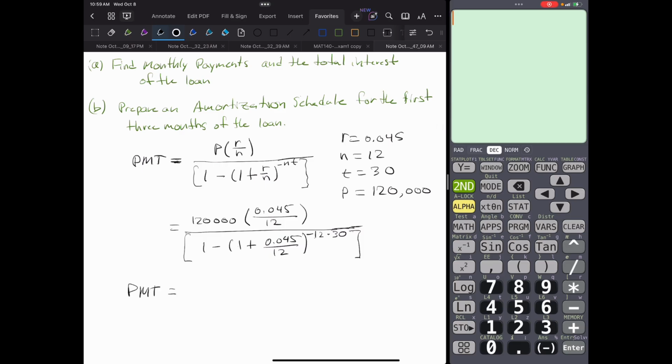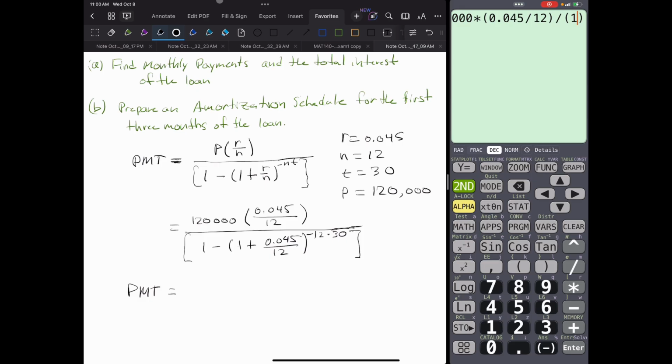All right, so when I turn on my calculator, I type in 120,000. I'm going to multiply that by 0.045 divided by 12. Take my cursor to the right one so that I can divide that whole thing. Now I open the parentheses, the brackets, to tell it to keep this entire thing in the denominator. Otherwise, it would only do the first term to the right, and that would be what was divided by. So now I do 1. That first term is 1, so it would really just divide by 1 and it wouldn't do anything.